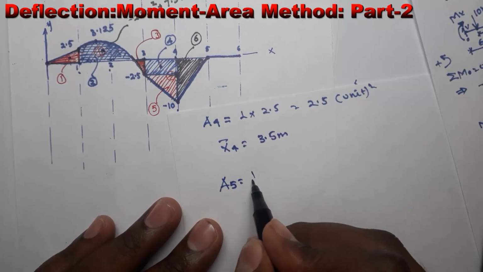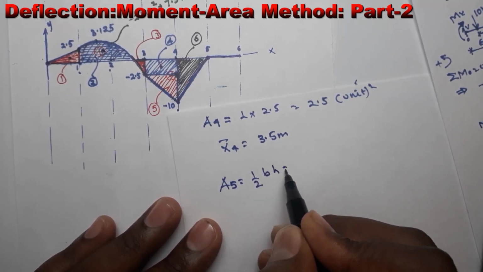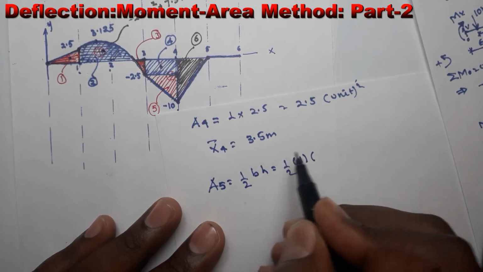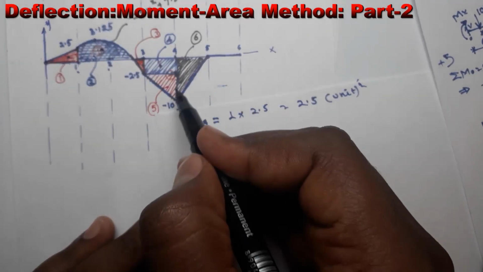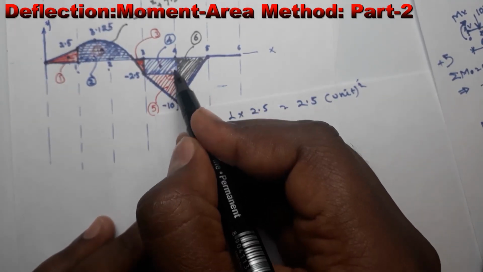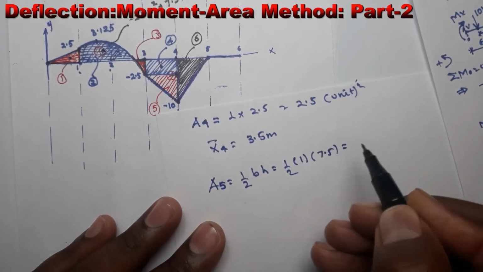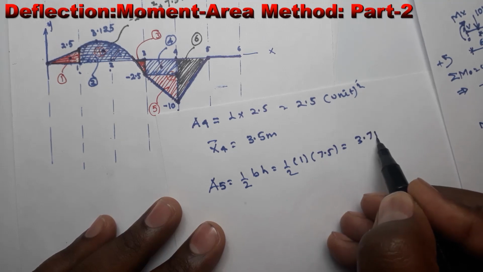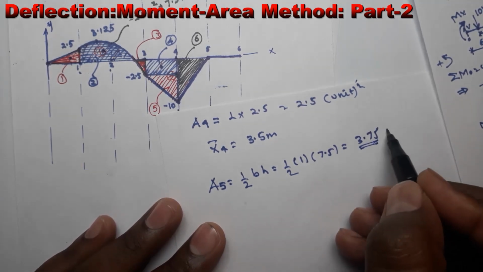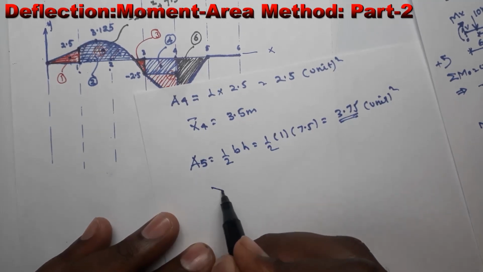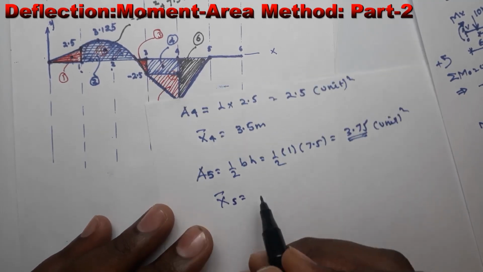The area will be 1/2 times base times h. 1/2 times the base is 1, the total h is 10, this one is 2.5, so the remaining will be 7.5. This will be 3.75 unit square.